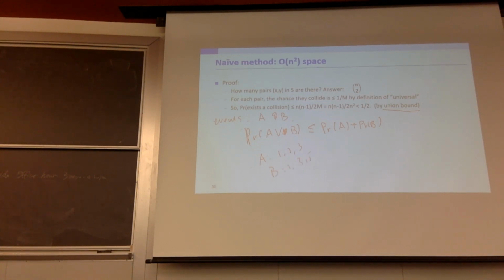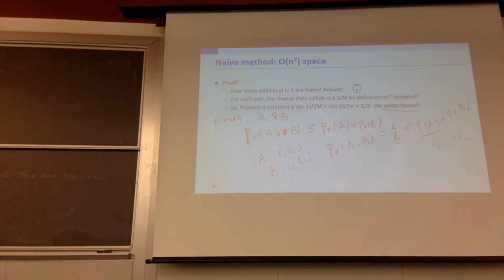If you do a careful calculation, the probability of A or B is going to be 4 over 6, but it's smaller than or equal to the probability of A plus the probability of B, where this is 1 over 2 and this is 1 over 2.